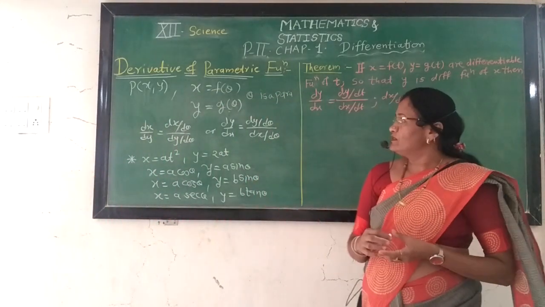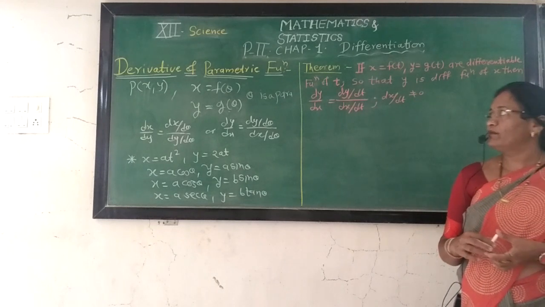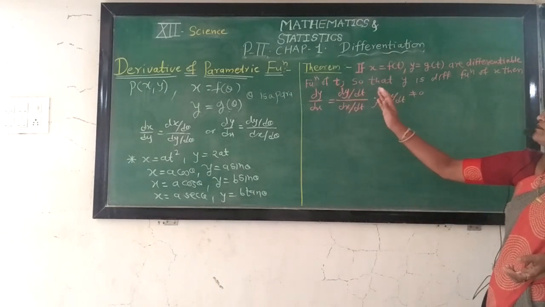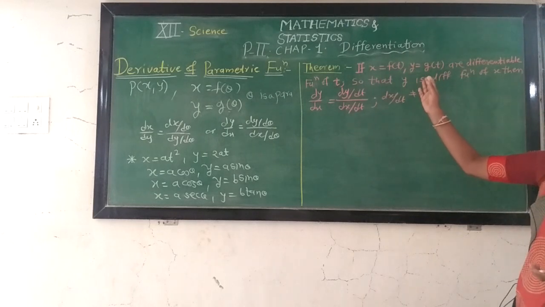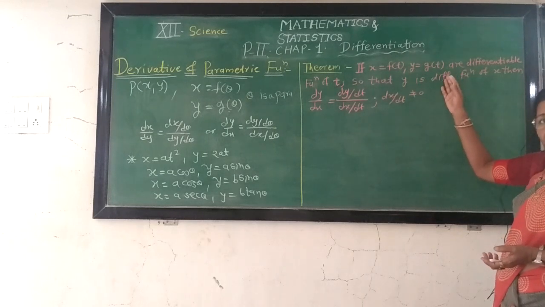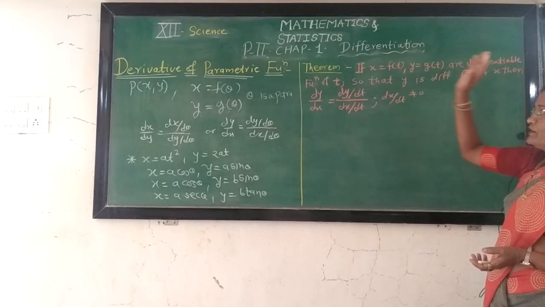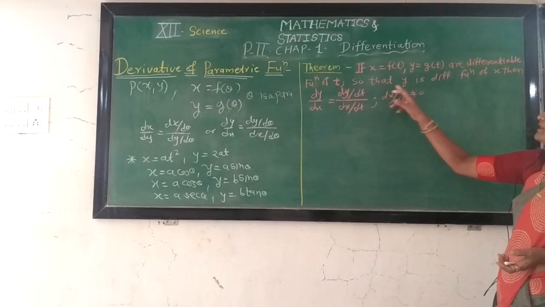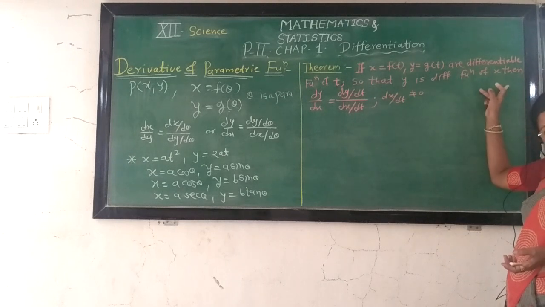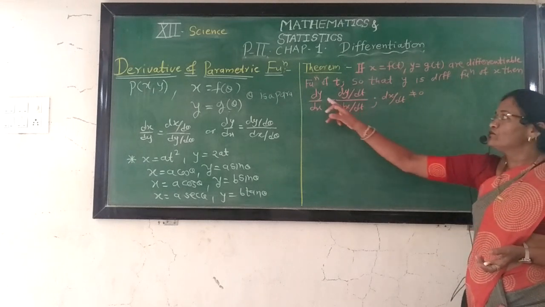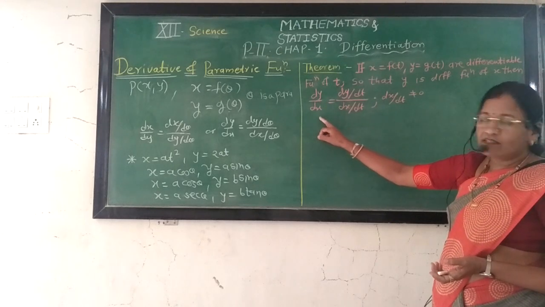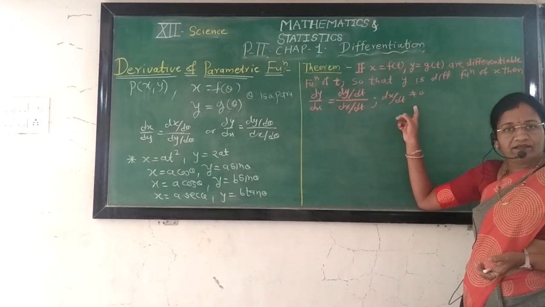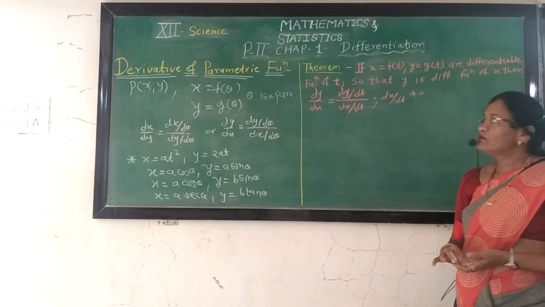Now we take the derivative of a parametric function as a theorem statement: if x is a function of t and y is a function of t, both are differentiable functions of t, and one more condition, that y is a differentiable function of x, then dy by dx is equal to dy by dt upon dx by dt, where the denominator dx by dt is not equal to 0.